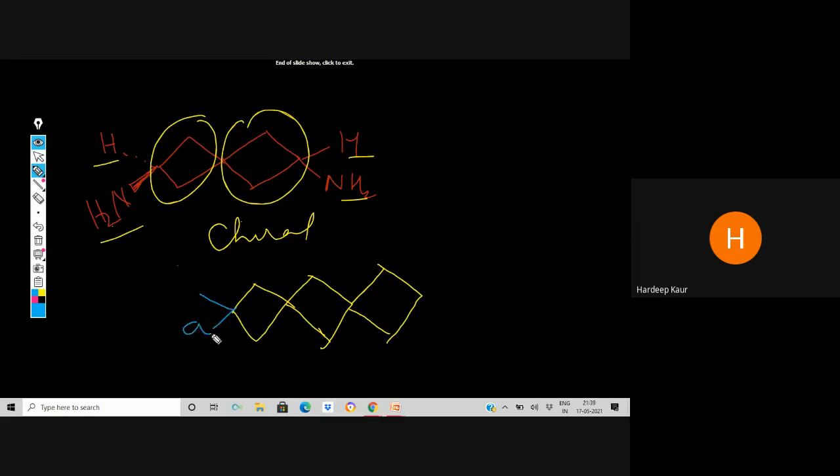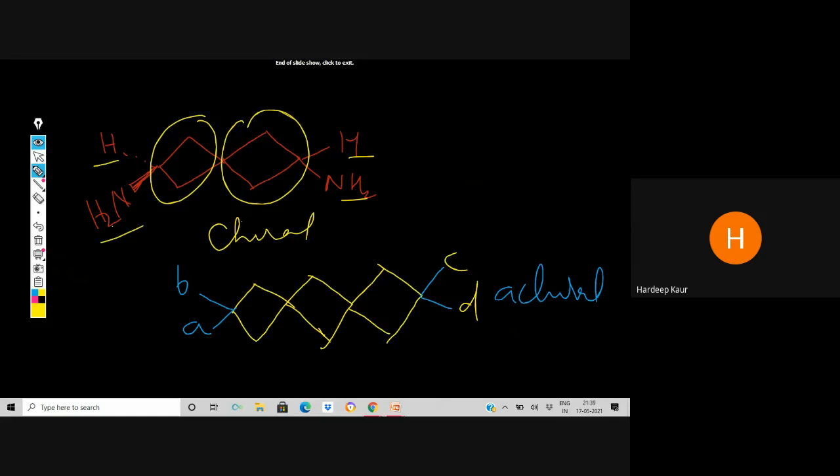If A and B are equal then it is achiral. So instead of A and B, if we have C and D here then it is chiral in nature. Okay, so everything is the same as in allenes. So in this case we have a chiral axis.